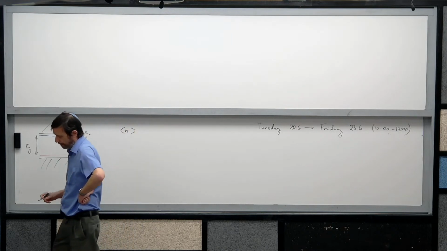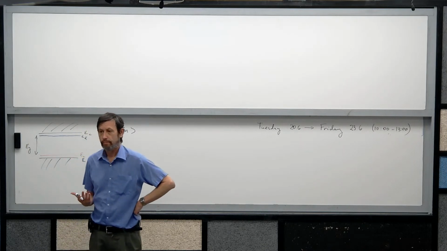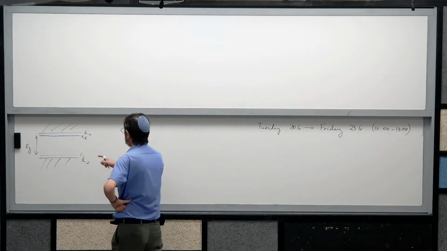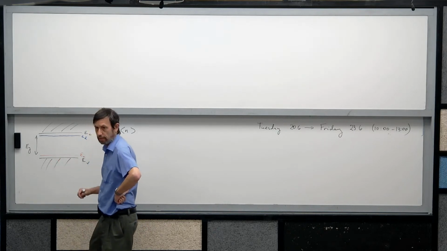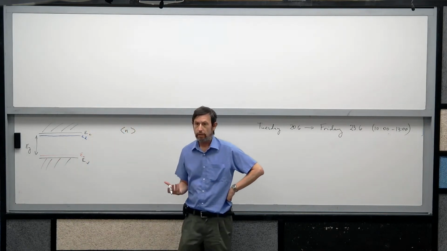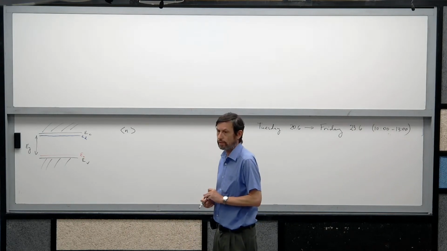Okay, so what is the occupation of a donor state? Here, the blue states. This can have one of four states.